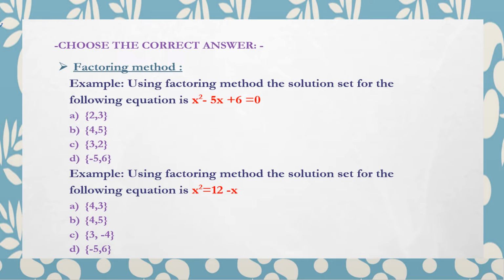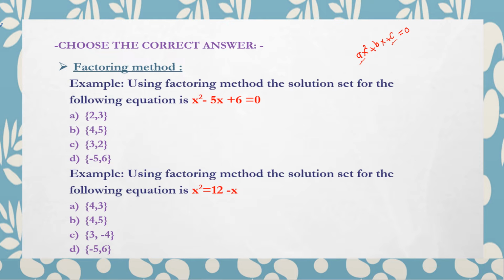The first step in order to solve any quadratic equation using the factoring method is to set the equation equal to the standard form, which is ax^2 + bx + c = 0. After that, step number 2 is to factor a and c.